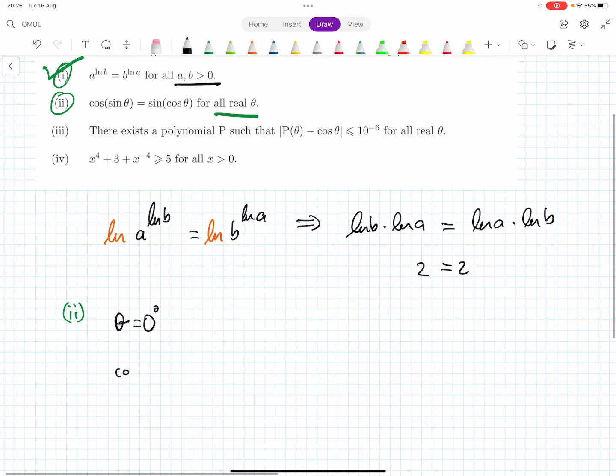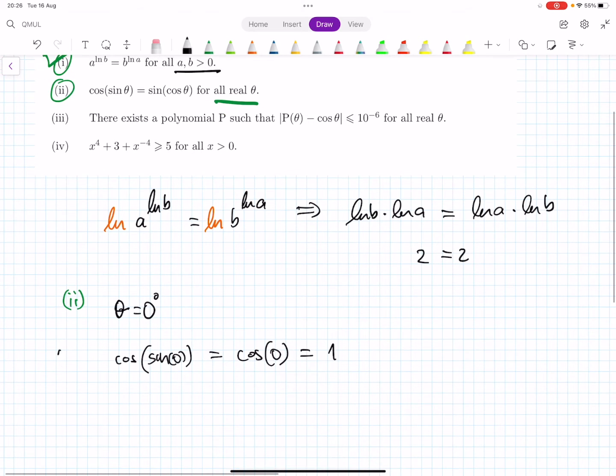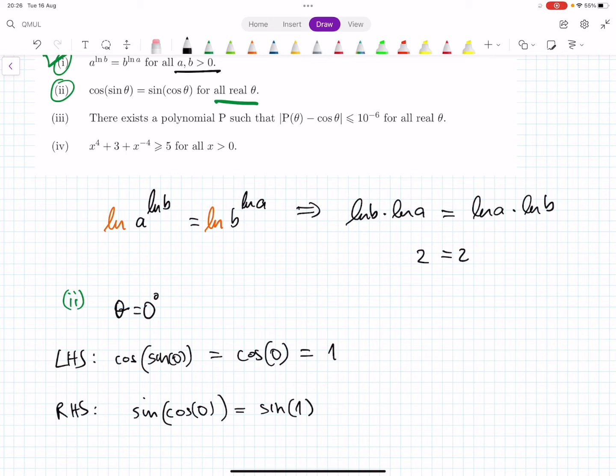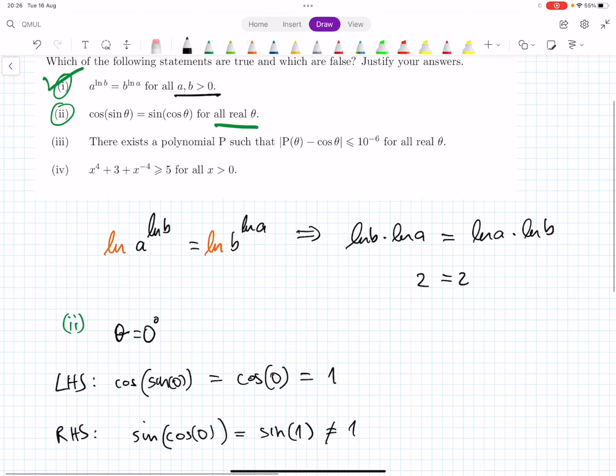On the left hand side we have cos of sine of 0. Sine of 0 is 0 and cos 0 is 1, so the left hand side is 1. The right hand side will equal sine of cosine of 0, which is equal to sine of 1, because cosine of 0 is 1. That is not equal to 1. So we've proved it, in other words, the second is not true, it's false.